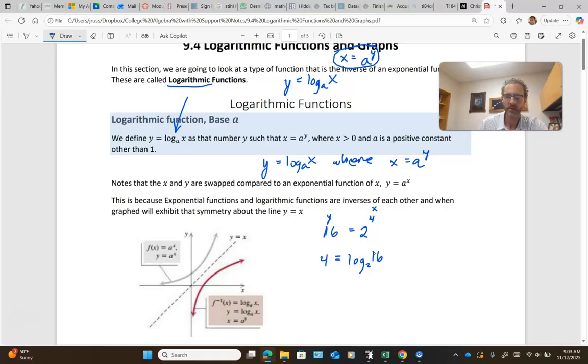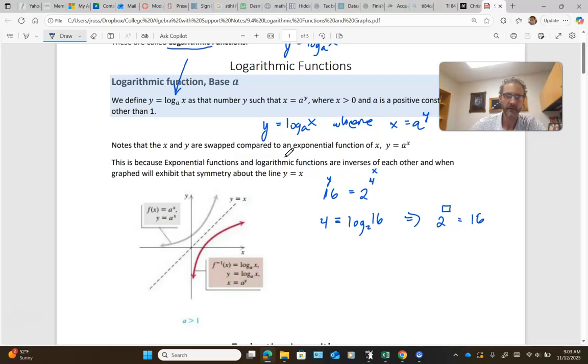Or in other words, what you're asking is 2 to what power, let me put a little box here, 2 to what power is equal to 16? So mentally, you're kind of reversing the operator. Instead of trying to figure out what 2 to the 4th power is, you're trying to figure out 2 to what power would have given me 16. So that's the way you can think about these logarithms.